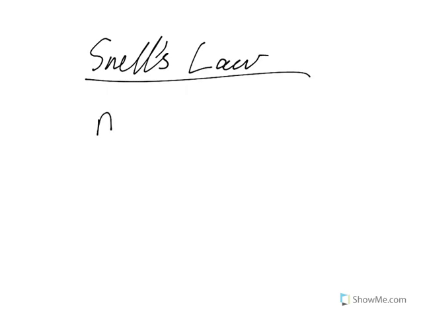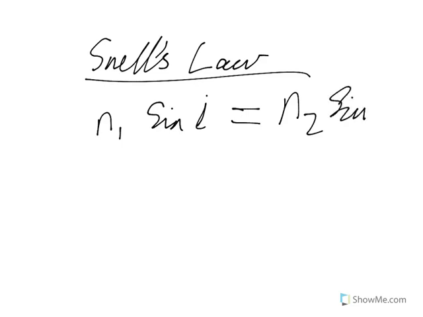And he wrote it as refractive index of substance 1 times the sine of the angle of incidence, which is in substance 1, equals the refractive index of substance 2 times the sine of R, which is the angle of refraction, which is of course in substance 2.